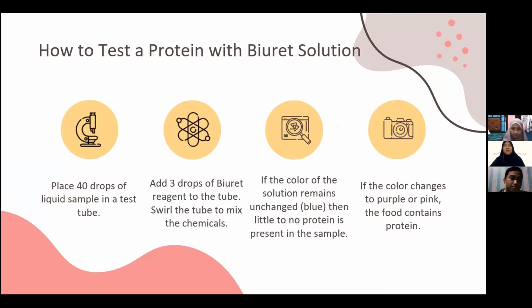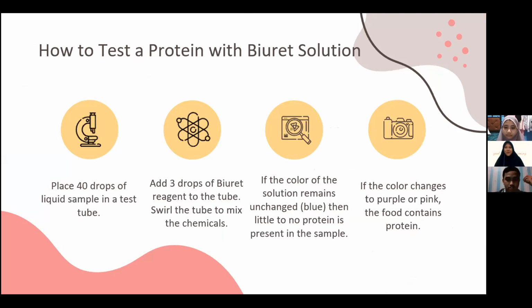How to test a protein with a biuret solution? The first, place 40 drops of liquid sample in a test tube. Next, add 3 drops of biuret reagent to the tube. Swirl the tube to mix the chemicals. Next, if the color of the solution remains unchanged or blue, then little to no protein is present in the sample.